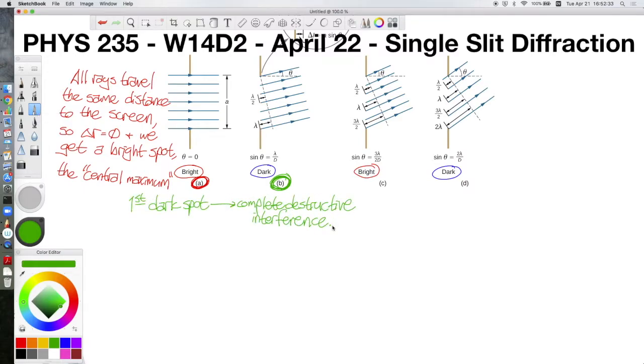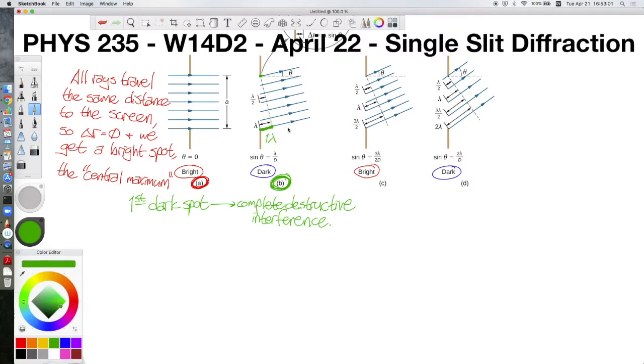This diagram happens when the overall path length difference from the top ray up here to the bottom ray down here is equal to 1 wavelength. So this distance right here that I've labeled in green is 1 wavelength.